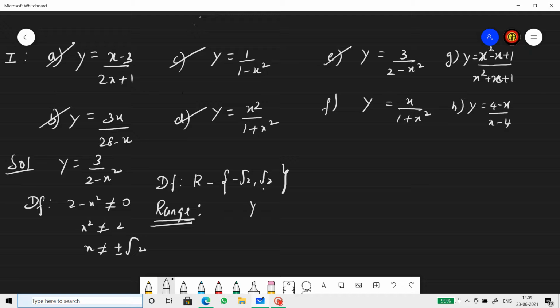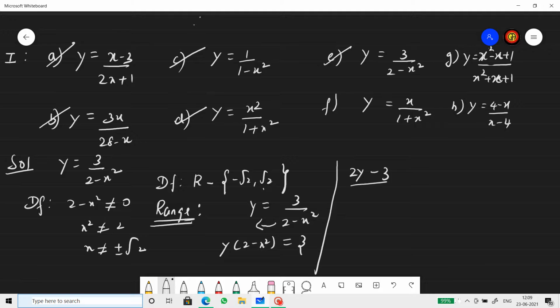So y is 3 by 2 minus x square. I have nothing to simplify, so I take the denominator to the other side. So y times 2 minus x square equals 3. With that, I get 2y minus 3 by y equals x square.